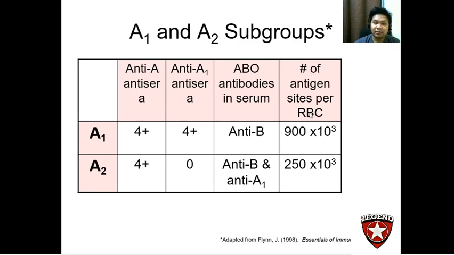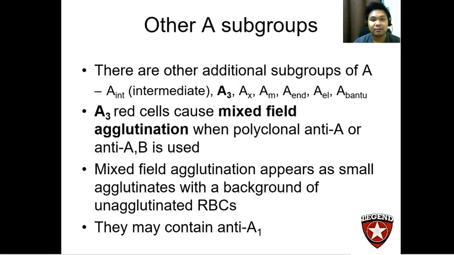Then as for the number of antigen sites present per RBC, as you could see here, A1 patients have more antigen sites, approximately 4 times more compared to A2 subgroups. Then you also have other A subgroups like your A intermediate, A3, AX, AM, AN, AL, and A band 2.